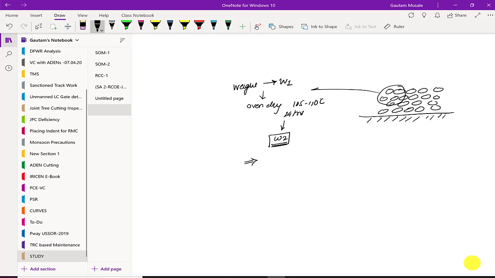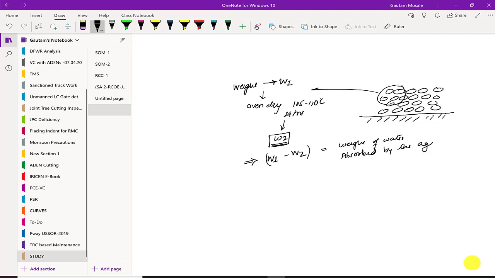Now W1 is the weight of the original aggregates present on the site, minus W2, which is the weight of the oven dried aggregates. W1 minus W2 will be the weight of water absorbed by the aggregate.